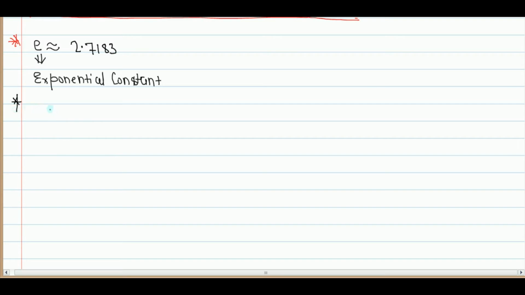So let's move to the second concept. If e to the power x, where e is an exponential constant and x is an arbitrary number, equals y, then we can write this exponential function as a logarithmic function like this: x is equal to ln y.